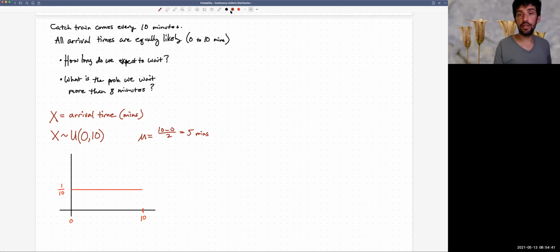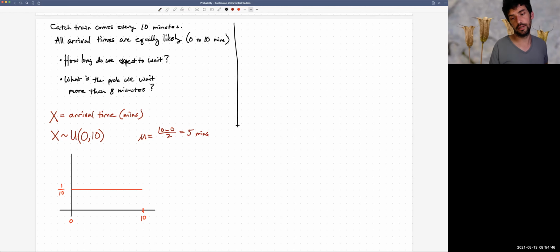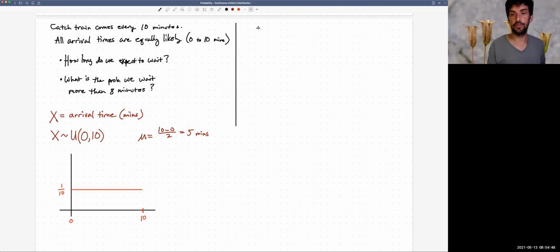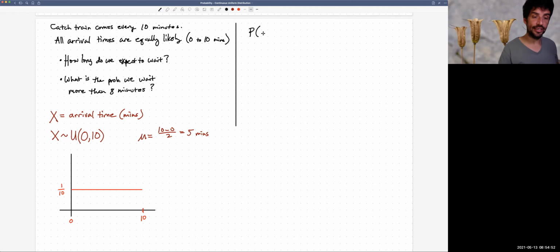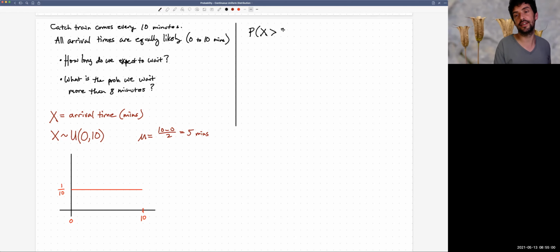All right, so now let's answer the question: what is the probability we wait more than 8 minutes? Use the graph, but write the work up here. Well, how long we wait is dependent on the arrival time. So this is equivalent to saying, what's the probability that x is greater than 8?